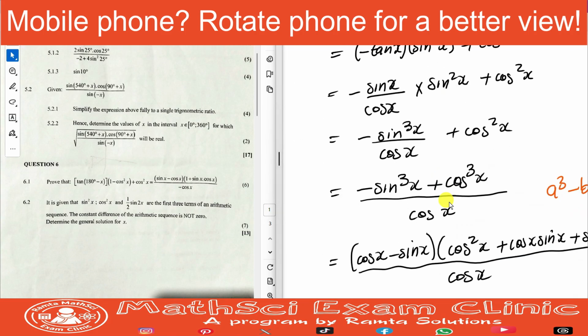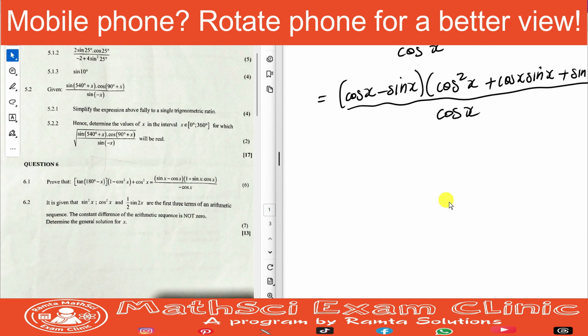All right, let's go. Now, we can say this will become (cos x minus sine x), but also, you need to be careful. This guy here, we have sine x minus cos x, but here we have cos x minus sine x. So how about we take negative as a common factor? Let me show you.